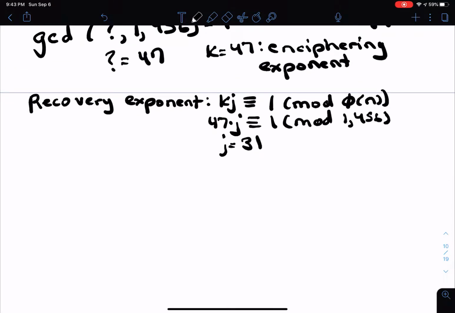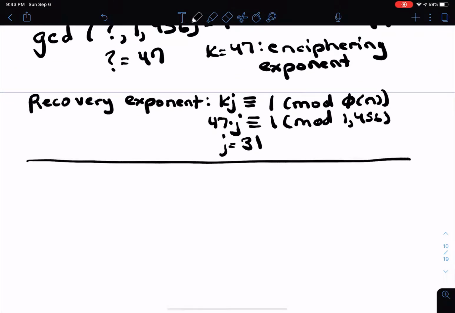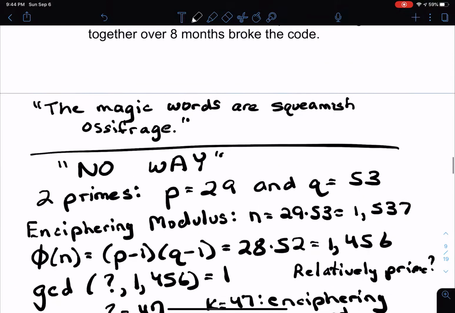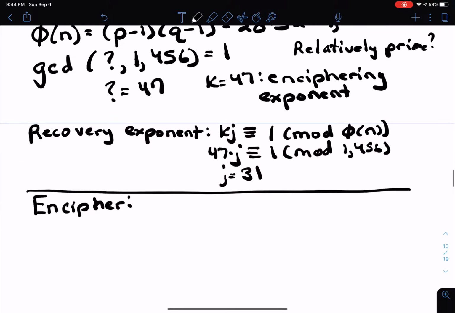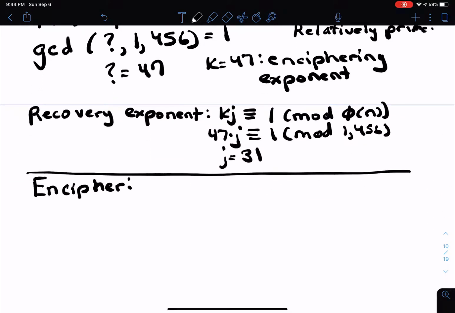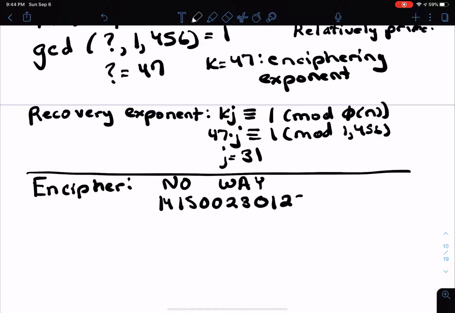All right. Now to encipher the message. Remember how we had before, how we took A and made it 1, B made it 2, C made it 3, and so on? We can do the same thing with this message. "No way" would come out to 14, 15, then we'll use 0, 0 for the space, 23, 1, and 25.